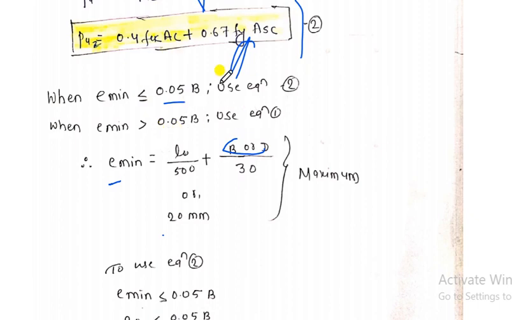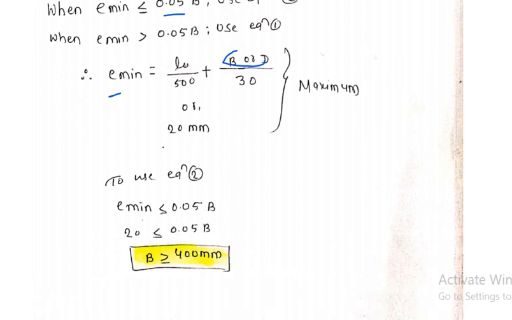One more question comes, one more very interesting point. So if E minimum is less than or equal to 0.05 B, then suppose we consider E minimum as 20, right? So 20 is less than or equal to 0.05 B. If you consider the B value, the least lateral dimension, then it is greater than or equal to 400 mm.